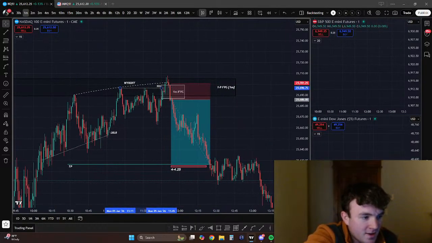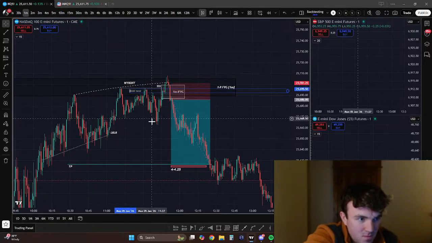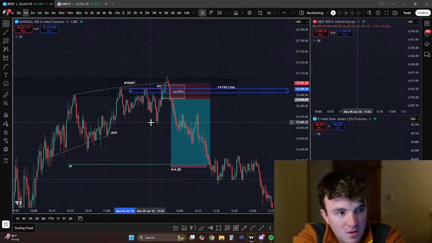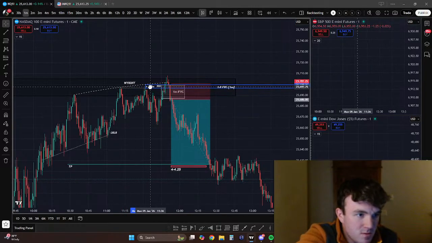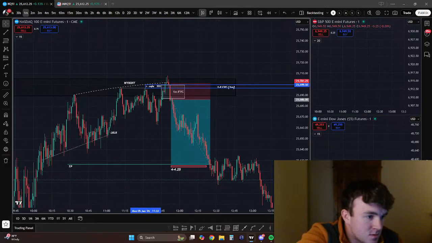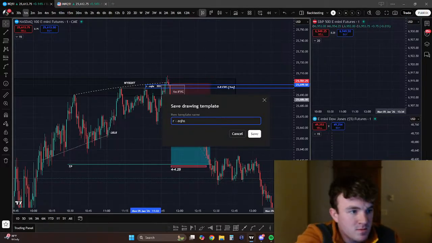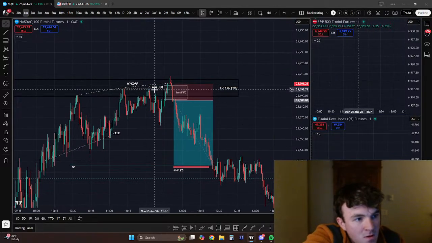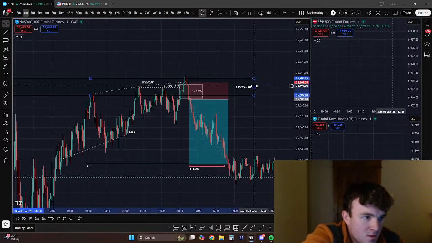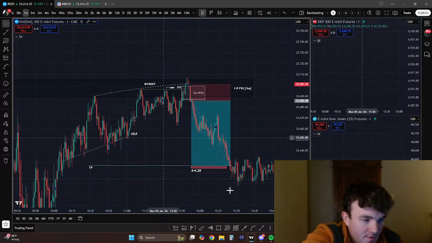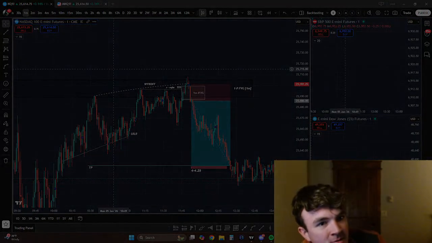And you can see these are relatively equal highs. Yeah, this is interesting because I'm aligning the 1 minute with the 1 minute, which I don't normally do.